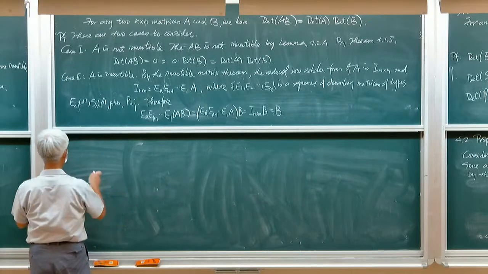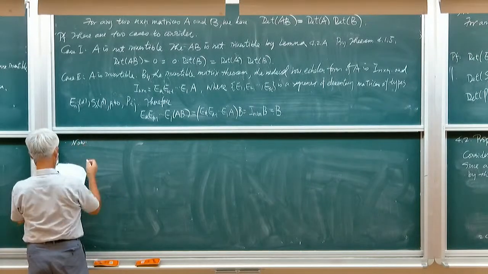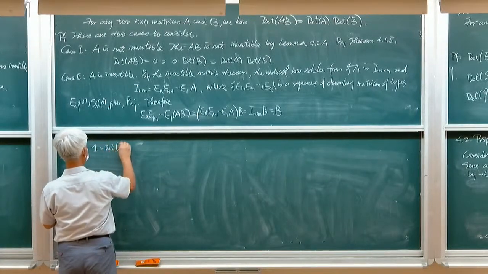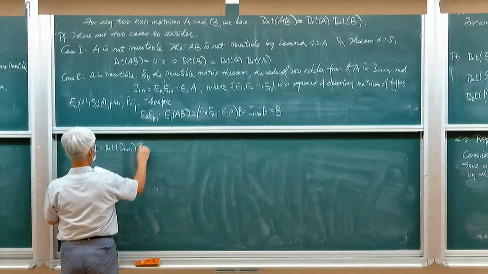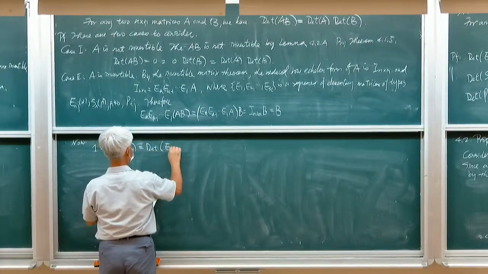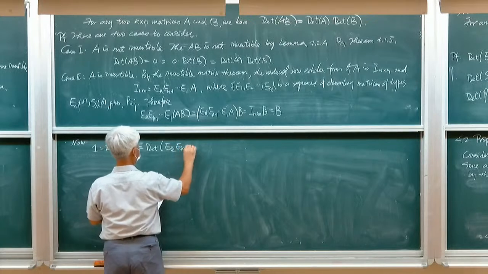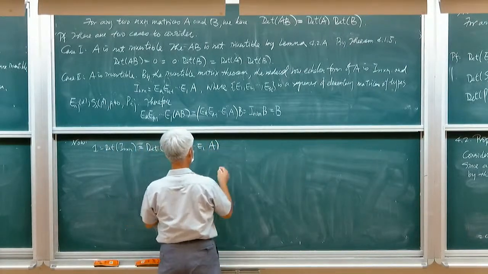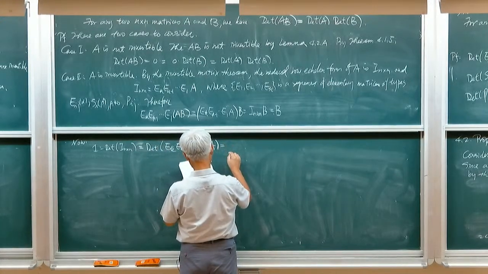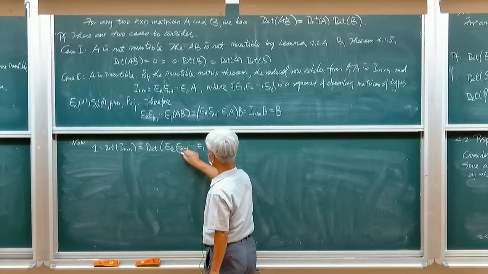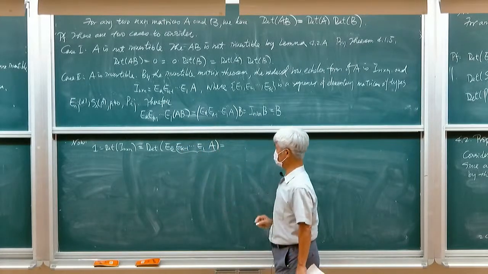Okay, so now 1 is the determinant of the identity, and this is the determinant of E_k, E_{k-1}, ..., E_1, and A. Now it's E_k multiplied with this matrix.